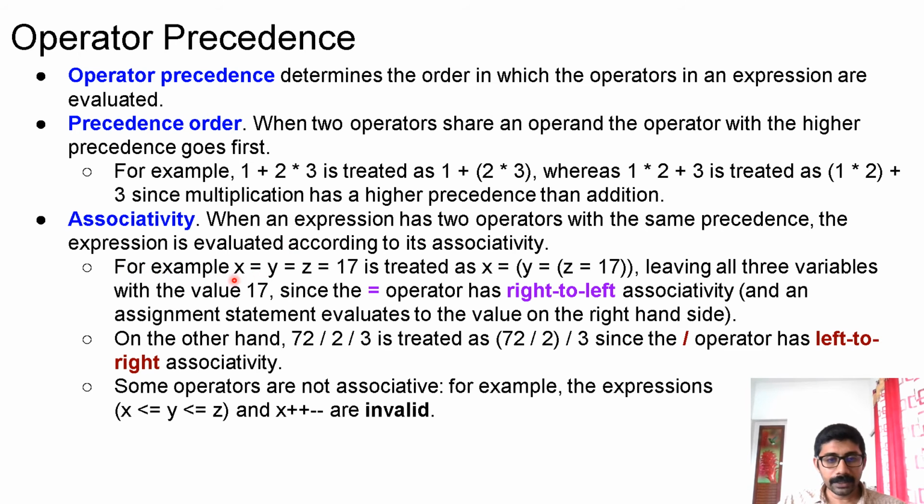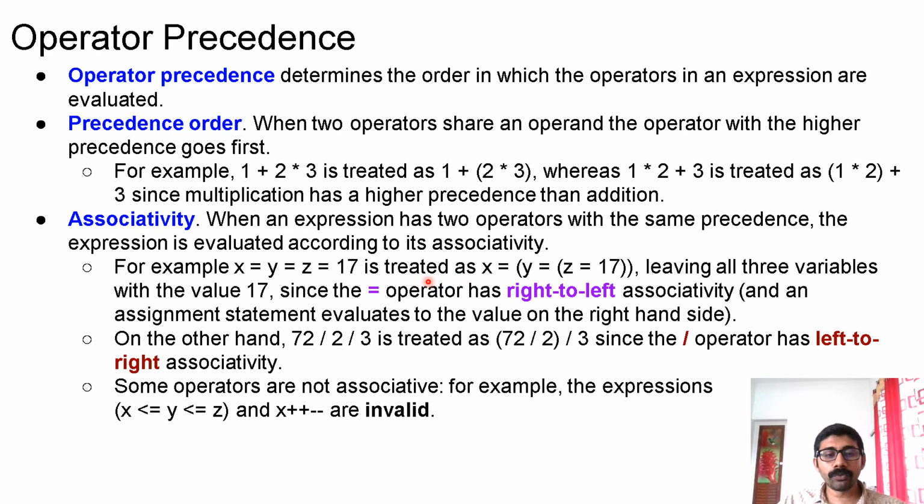Consider an example: x = y = z = 17. So the assignment operator is used, and in this expression there are multiple operators, all assignment operators with the same precedence. So how to resolve this?